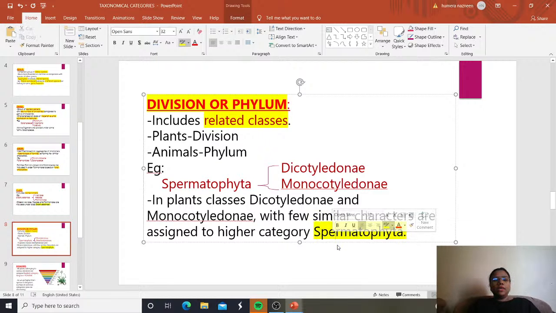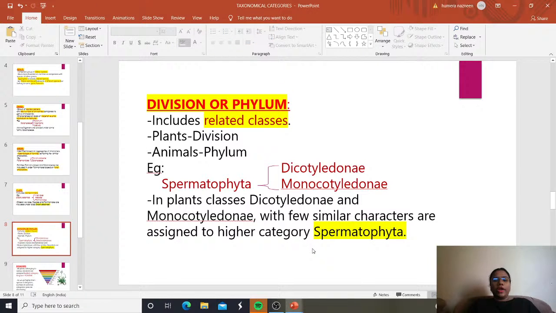They are placed under division Spermatophyta. This division or phylum is a higher category, and the higher category given to dicots and monocots is Spermatophyta.